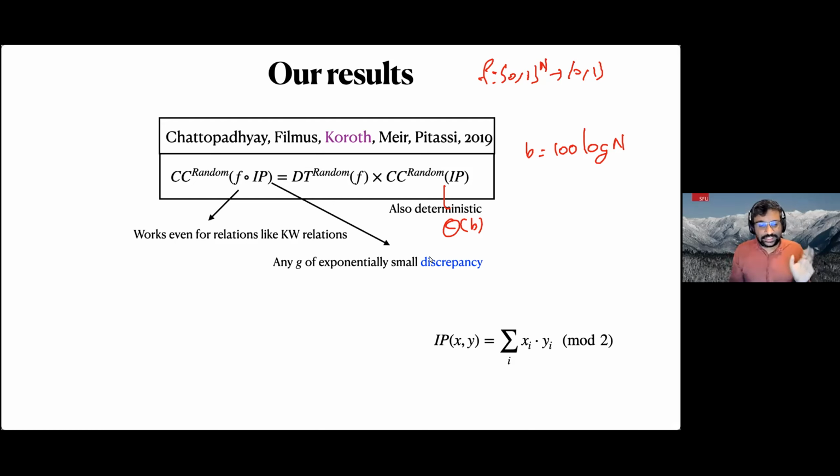But the main takeaway is that if you sample a function at random from functions whose input is about 100 log n in size, then that random function acts as a good gadget. So a large family of functions g whose size is about 100 log n can be used as gadgets in both randomized and deterministic lifting theorems in this context.